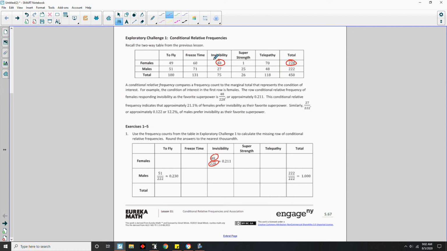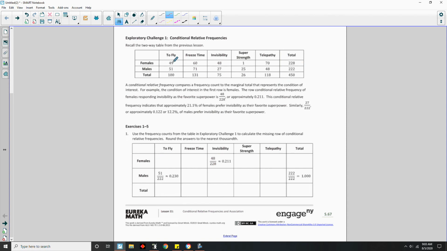So you're taking the number of females out of the total females, and then over here, 51 out of 222 is males, 51 out of the total males, 222. Okay, so that's the difference between this lesson and the last one. We're not basing it on the overall total, we're basing it on the gender totals.